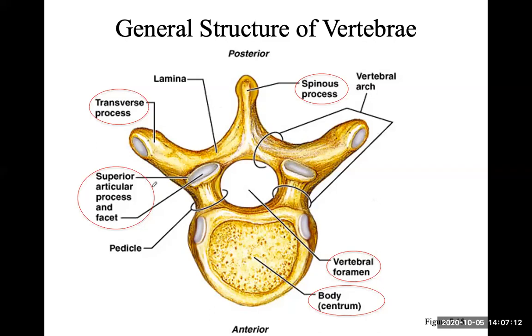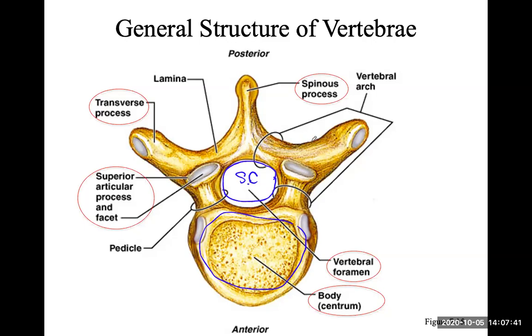First of all, they have a bony piece right here. This is a very pronounced bony structure called, literally, the body. You have the opening sitting right next to it, called the vertebral foramen. This is the area where your spinal cord passes through, and it has to be continuous from the cervical vertebrae all the way to the coccygeal region.